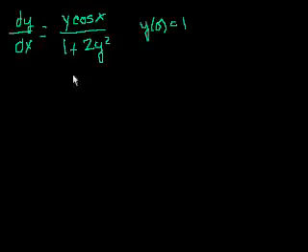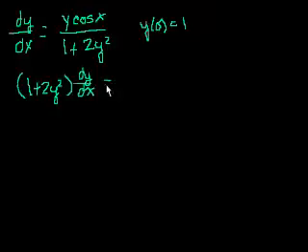We have to separate the y's from the x's. Let's multiply both sides times 1 plus 2y squared. We get 1 plus 2y squared times dy dx is equal to y cosine of x. We still haven't fully separated the y's and the x's. Let's divide both sides of this by y.